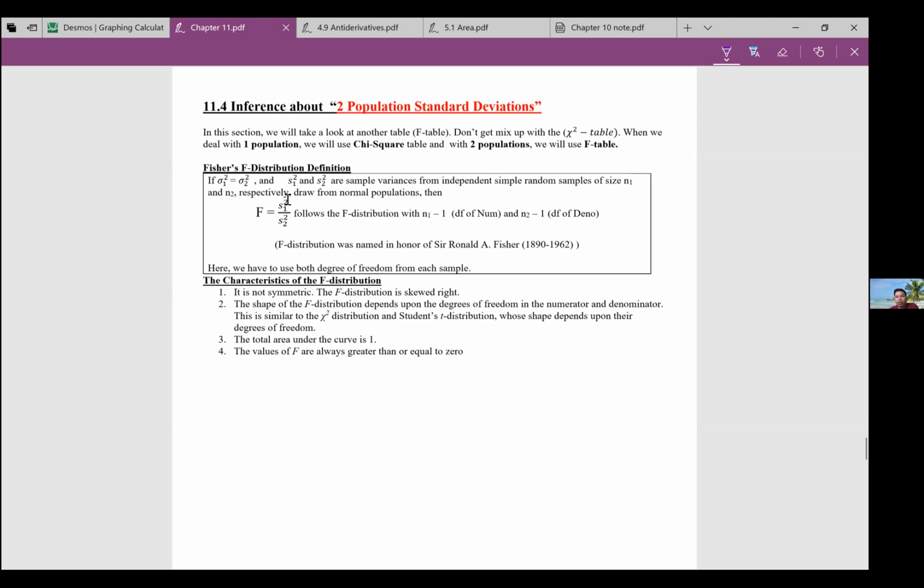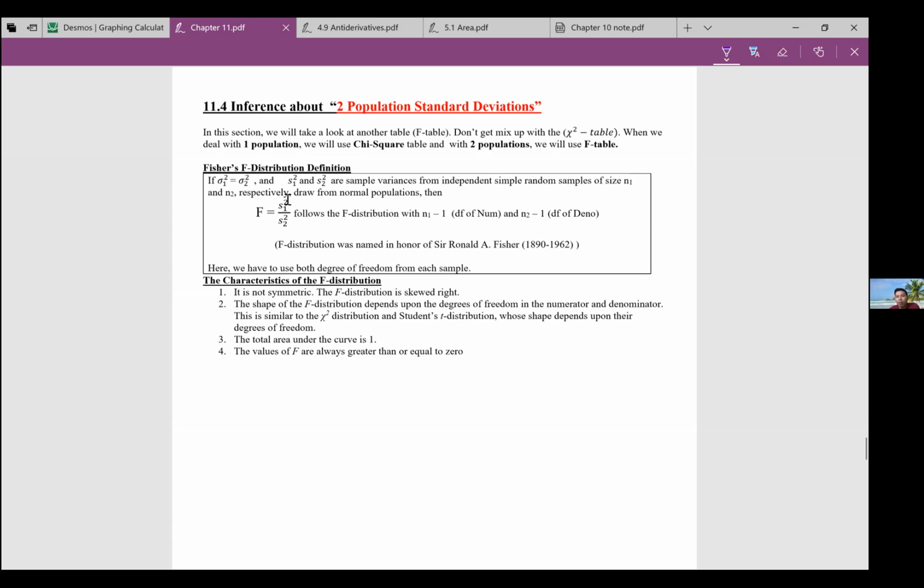F equals S1 squared divided by S2 squared. And here, you don't need to decide which one has to be the degree of freedom because we're going to use both: the degree of freedom of the numerator and the degree of freedom of the denominator. The degree of freedom of the numerator depends on S1, the first sample, and the degree of freedom of the denominator relates to S2, the second sample.